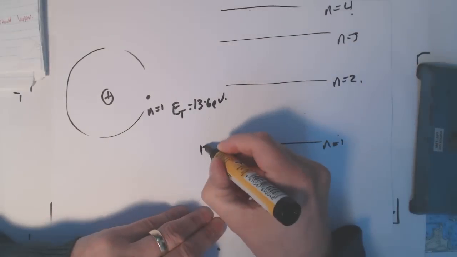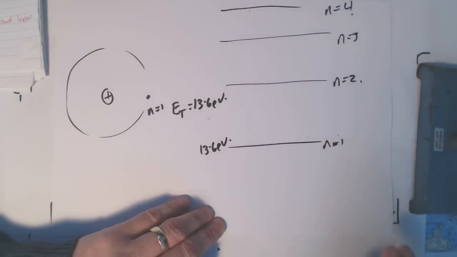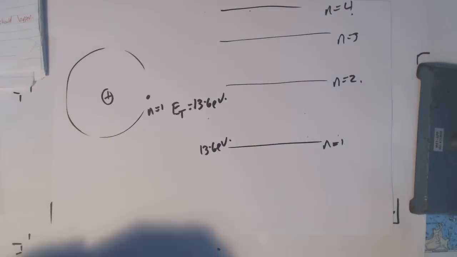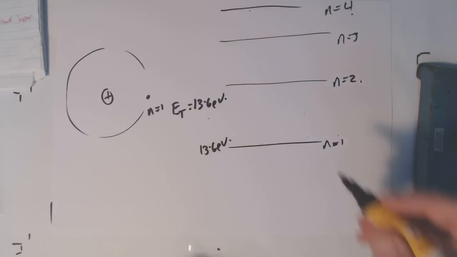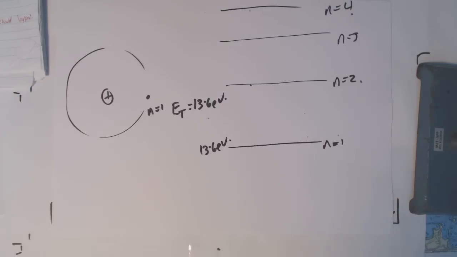Now, if this is 13.6 electron volts, then we need a formula for figuring out how much energy is up there. And Bohr did that just by making the MVR equal to 2 Planck's constants divided by 2 pi.